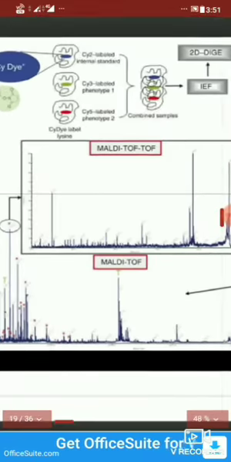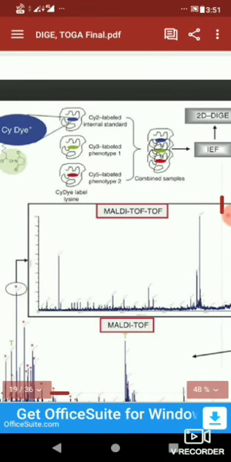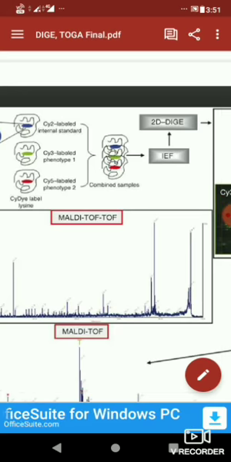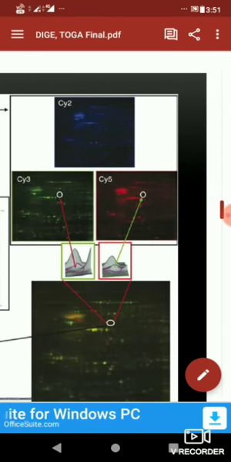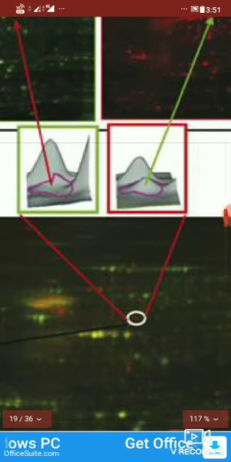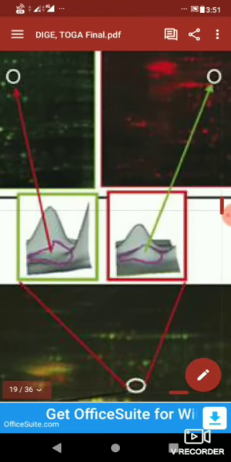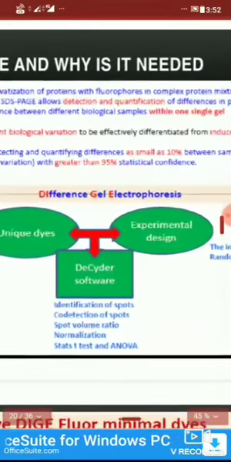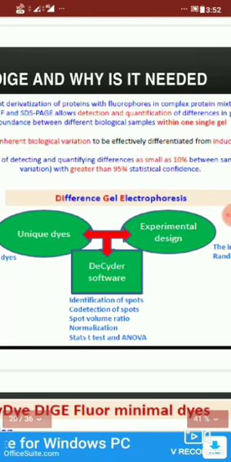So here is another example. You have 3 different dyes. When the samples are run together, you go for first dimension, second dimension, and then you scan it. You can see here the difference from the same spot. Different dyes give you different indications that different proteins might be present. So this is what we mean by difference gel electrophoresis.